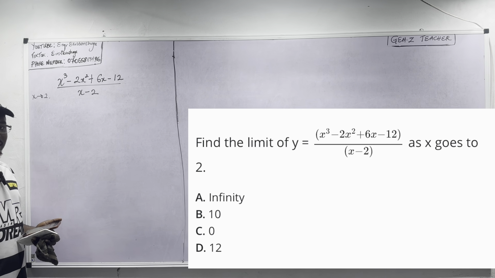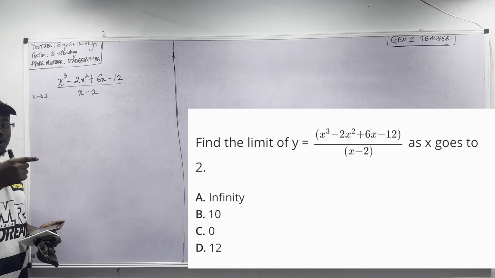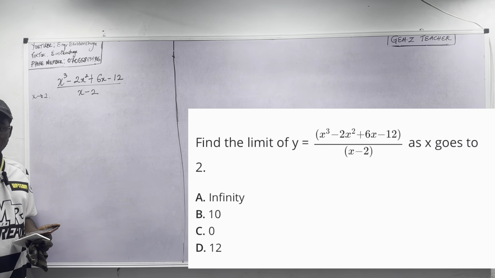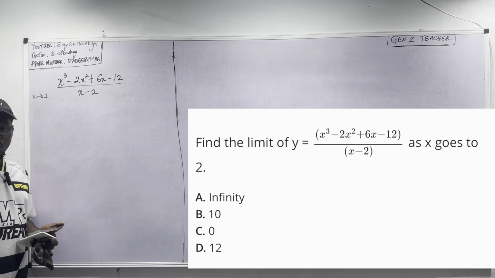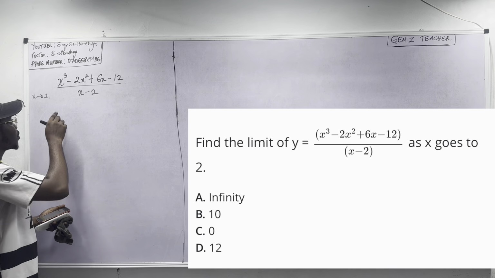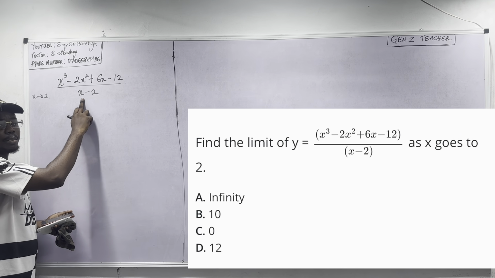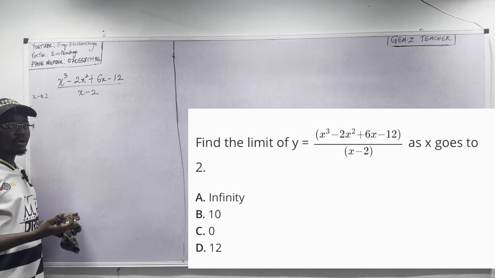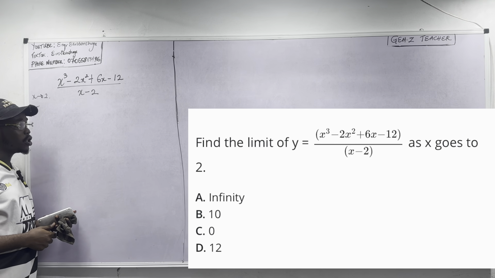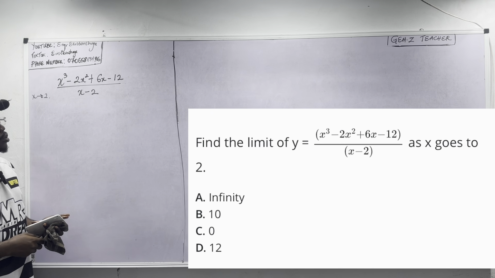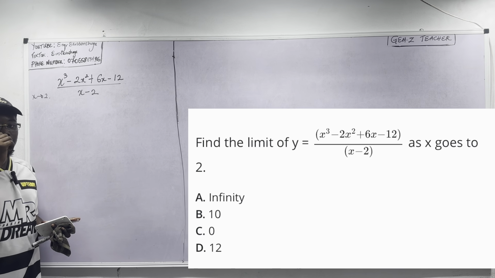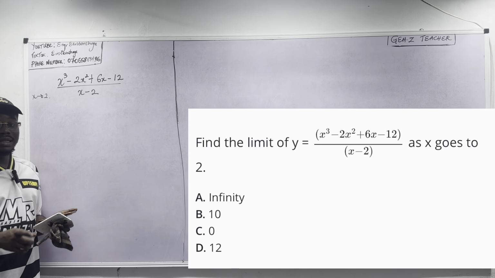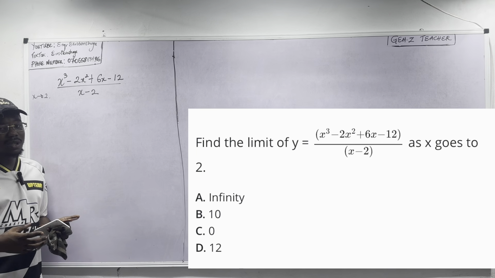But if you do that and something occurs, then you must retrace your step, or according to the Bible, you must amend your ways. Now, how do I mean? If you put x as 2, the bottom, 2 minus 2 gives you 0. You're going to have 0 as your denominator, and it's an abomination for that to happen because of something called undefined fractions. When your bottom equals 0, then that question or expression is undefined.